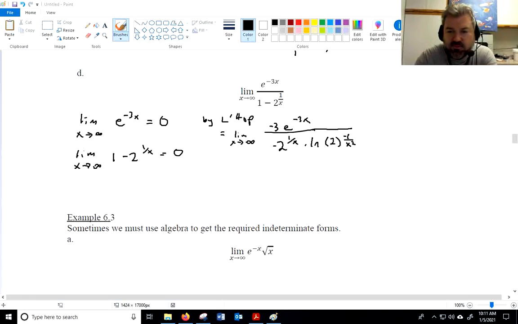Okay, so we can try direct substituting infinity here. What you'll get is that the limit of the numerator is definitely 0, and the limit of the denominator, while not being completely obvious, is also going to be 0. So it allows us to apply L'Hopital's again.